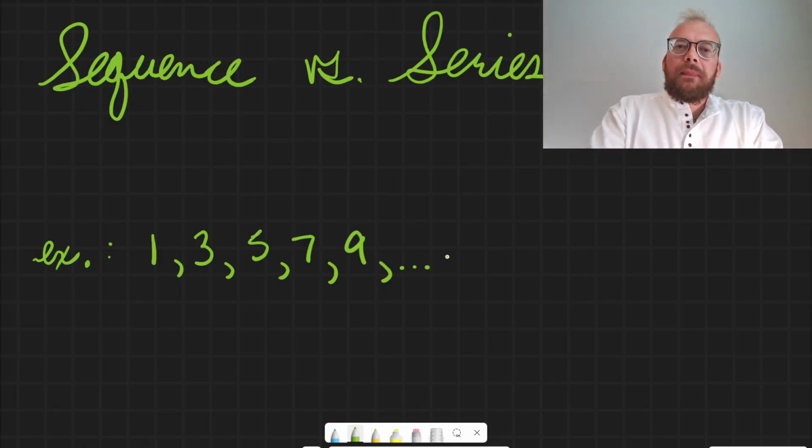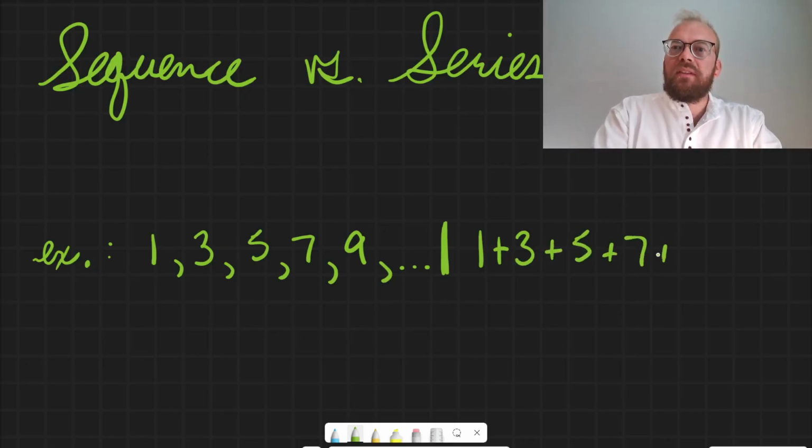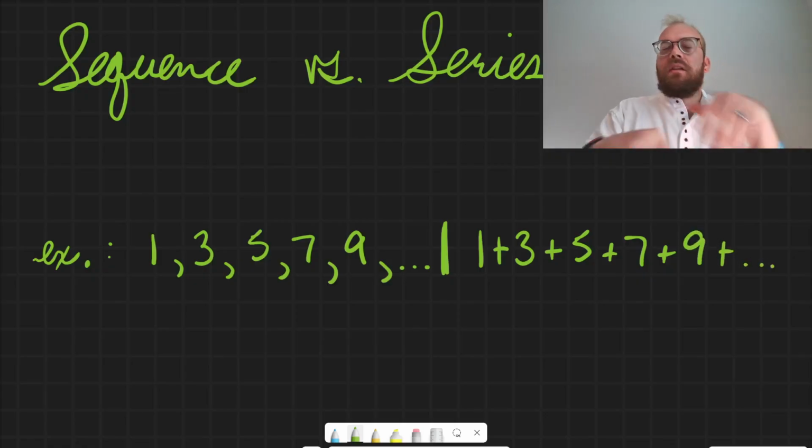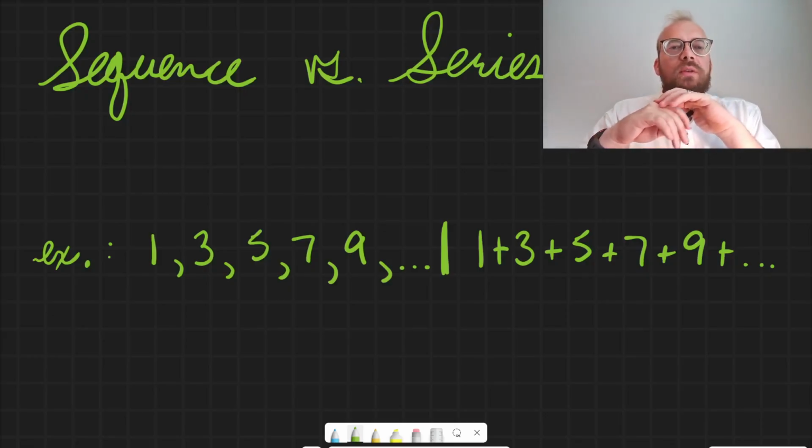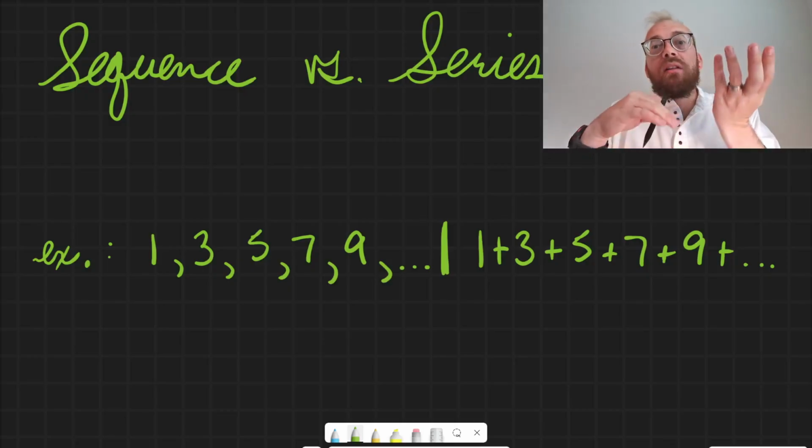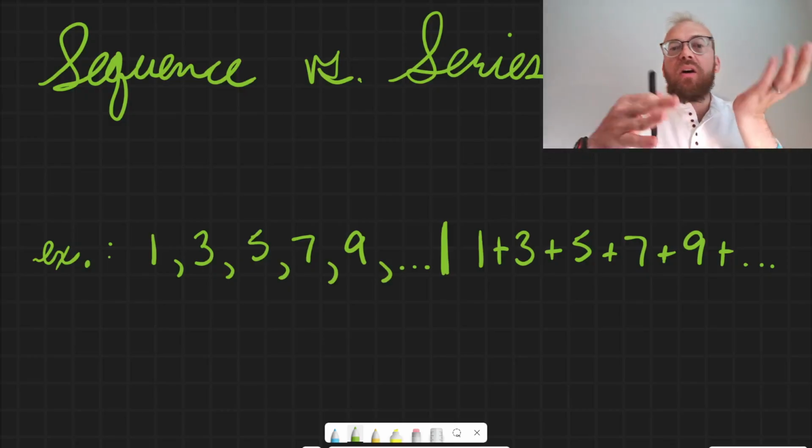But if I write it like this, 1 plus 3 plus 5 plus 7 plus 9 plus ..., now it's a series. So a sequence is, well, a sequence of numbers.